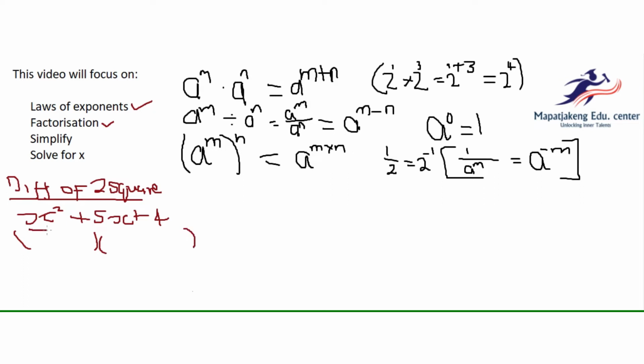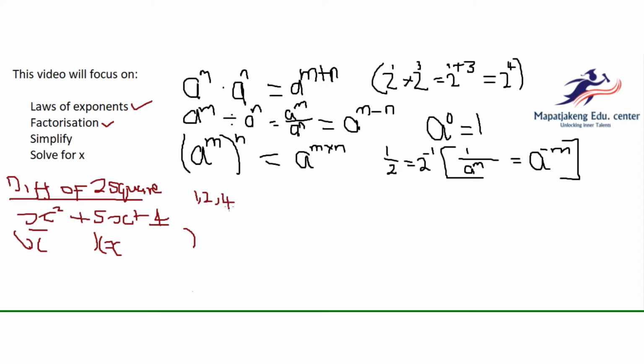Then you're gonna use this and this, so that we have x and x, so they come by x because the factors of x squared are x and x. The factors of 4, generally they go for 5. The factors of 4 are 1, 2, 4.